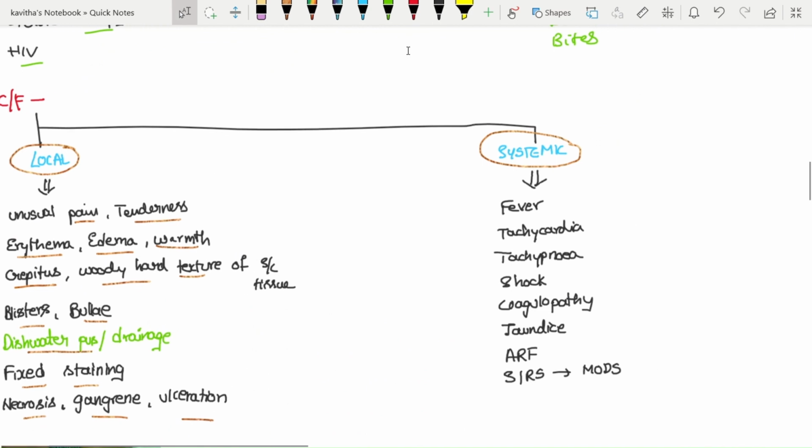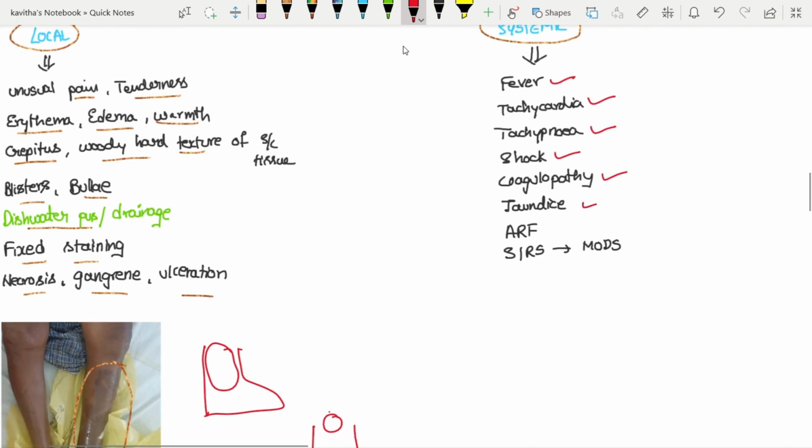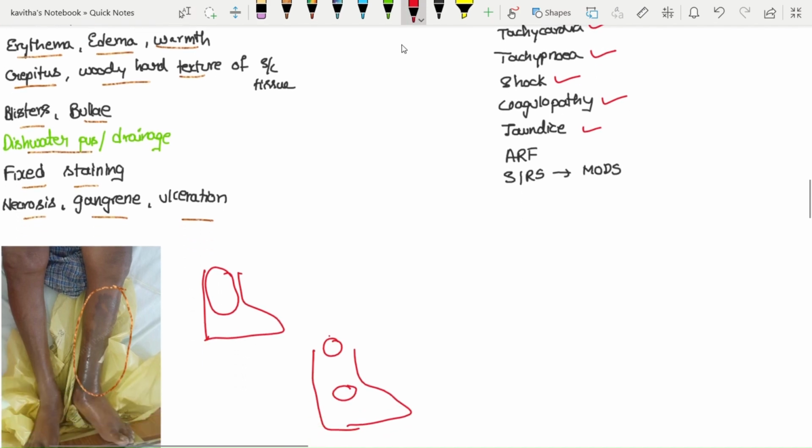Coming to the systemic manifestations, there can be fever, increased heart rate, and increased respiratory rate. The patient may land up in shock and coagulopathy. Then each organ system will start to fail, resulting in jaundice. What happens when there is septic shock?